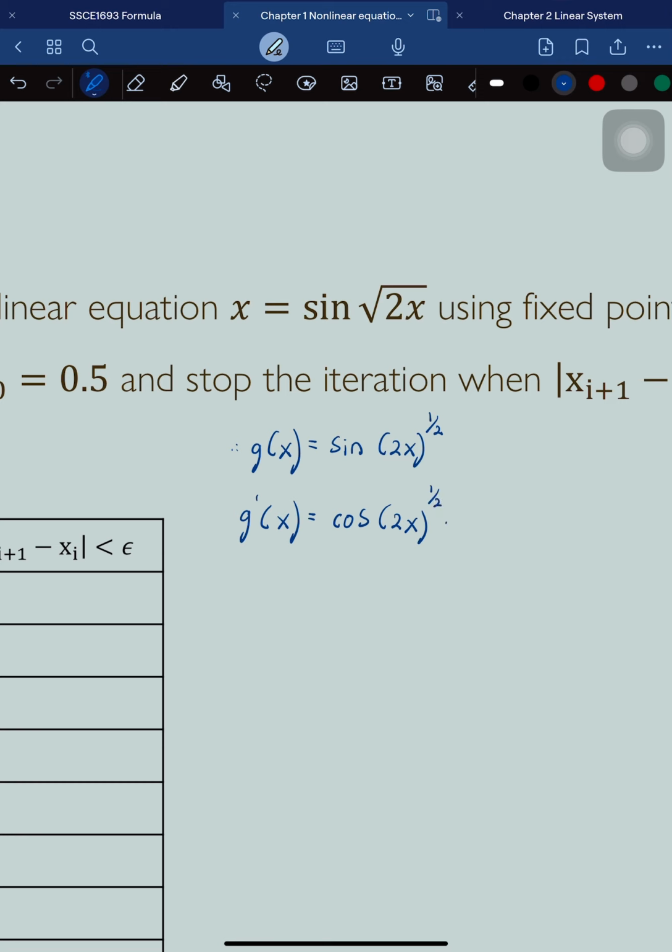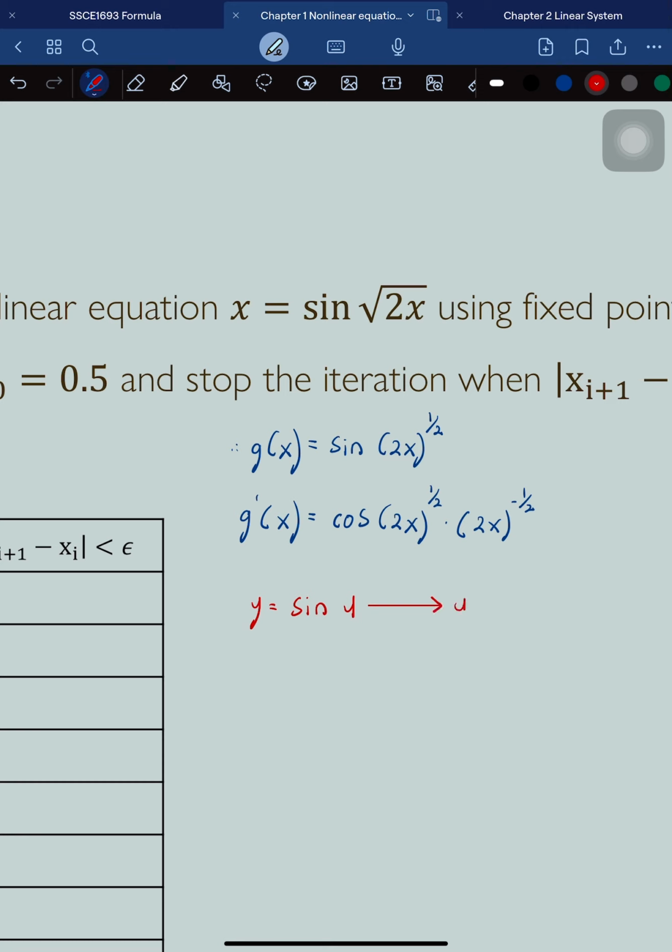And then differentiate inside, I can get 1 over 2, but it can be simplified. So 2x to the negative half. Okay, differentiate. Or maybe you can make it simple. Let's say you let y as sine u.